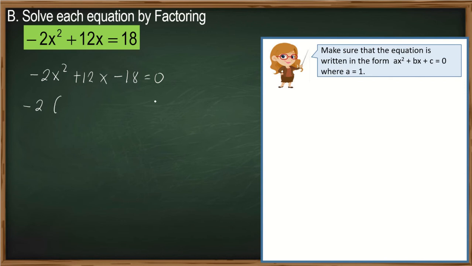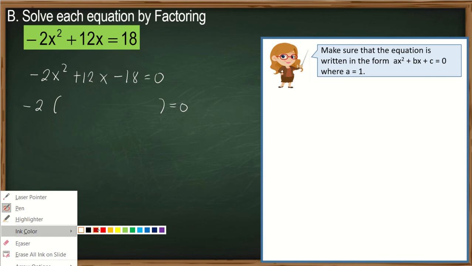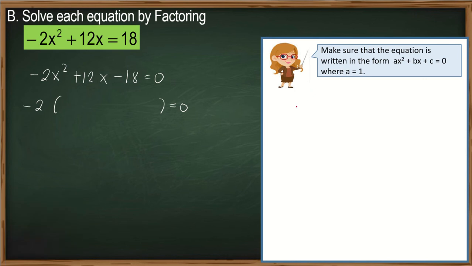So, ipa-factor natin. Factor out siya. So, let's make use of the working area here. So, ano ibig sabihin nito? Ibig sabihin yan, i-divide natin ang all terms, negative 2x squared plus 12x minus 18, sa negative 2.